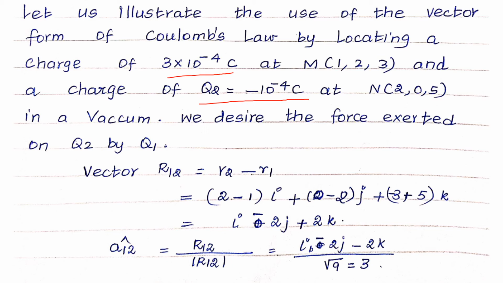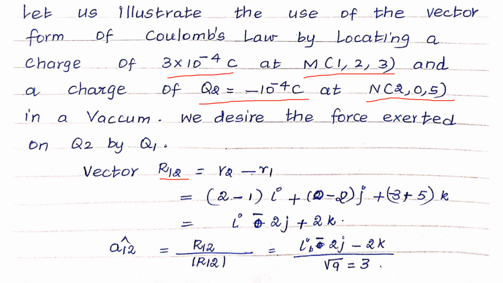On Q2 by Q1 means we are going to find out R12. So what is R12? R2 minus R1. So already we have R2, that is 2, 0, 5, and what is R1? 1, 2, 3. So 2 minus 1 into I plus 0 minus 2 into J plus 5 minus 3 into K.